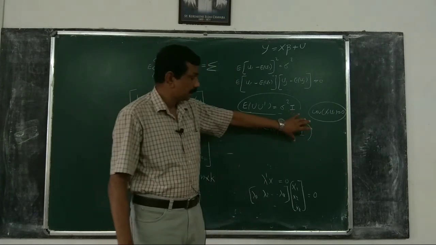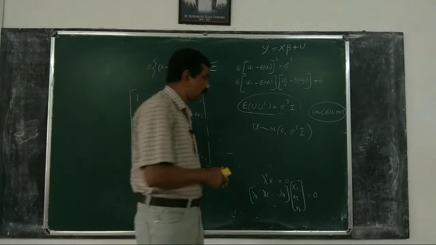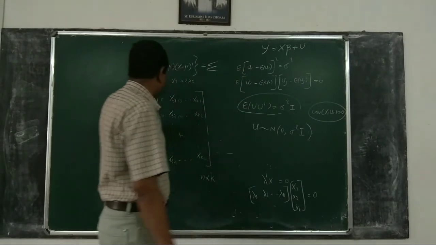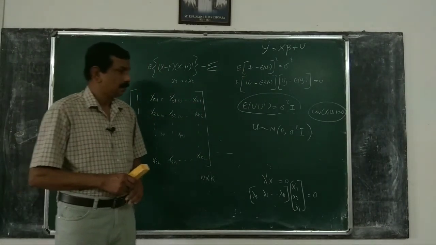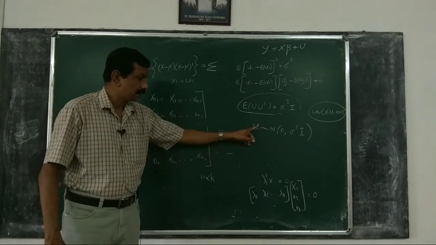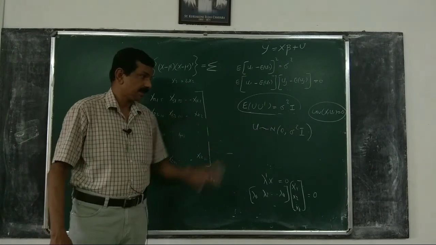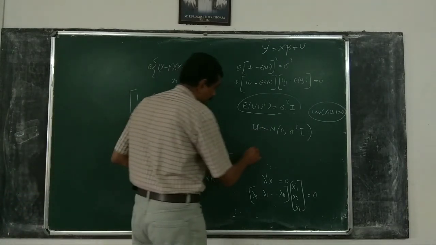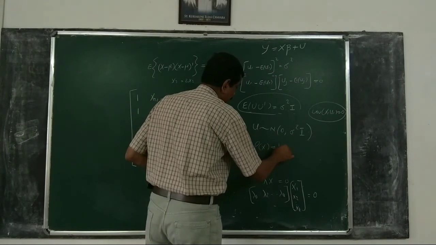Remember this? And in matrix form, always remember this. This is a special case of the variance covariance matrix, sigma square I, only when the variables are pairwise uncorrelated and having same variance. And in matrix form, also remember this point very carefully. Rank of x is equal to k.